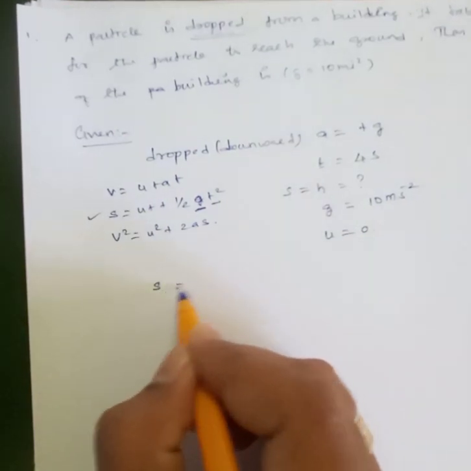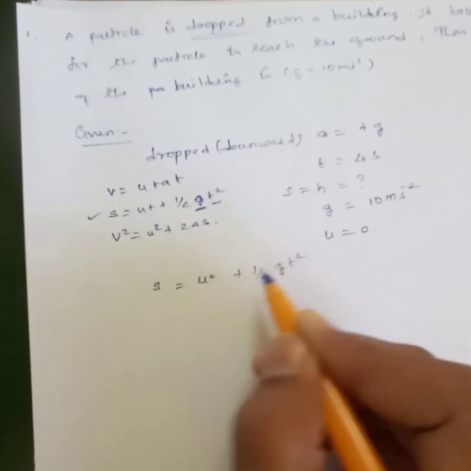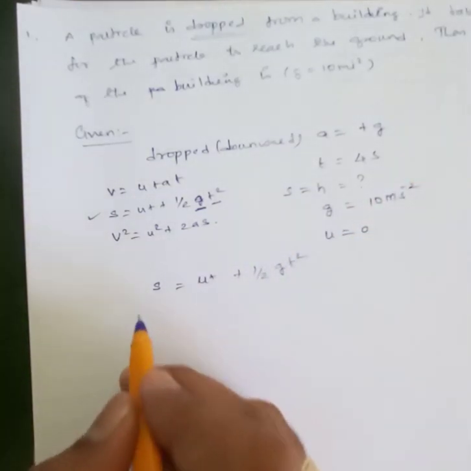So s is equal to ut plus 1 by 2 gt square for downward motion.